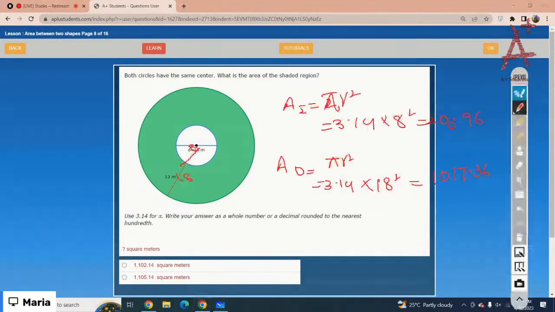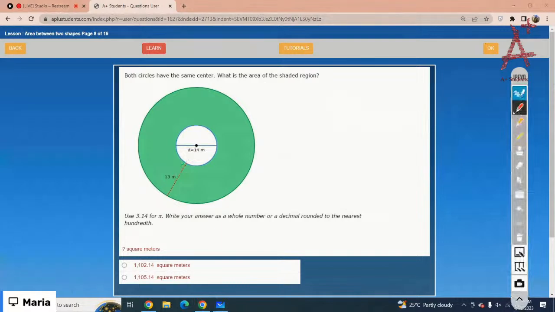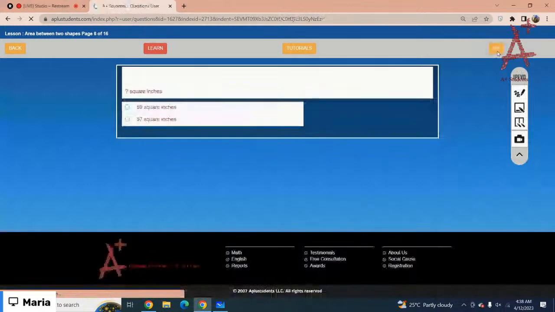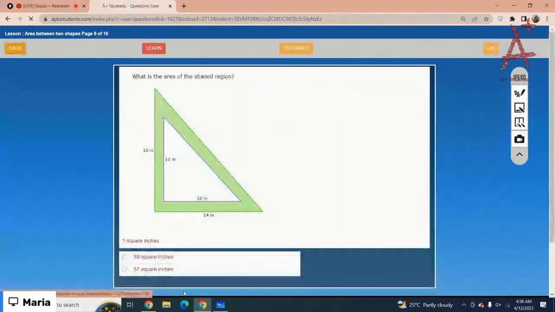Got it? So the radius for the smaller one would be 7. I think you are guessing the answers, isn't it? Okay, let me just select the correct option, number 1. Okay, yes, that's the first option. You can complete the test by yourself later today.